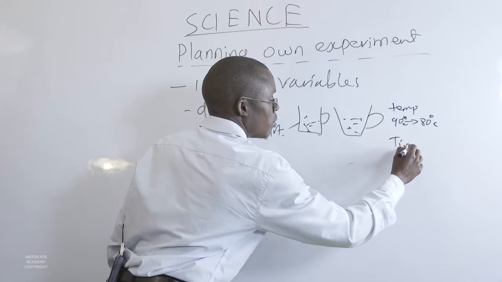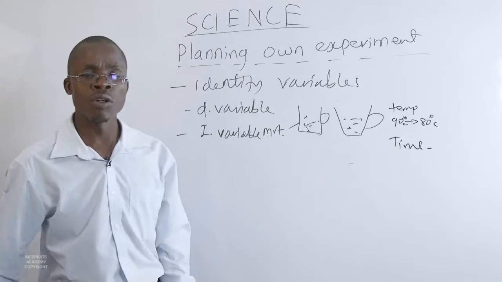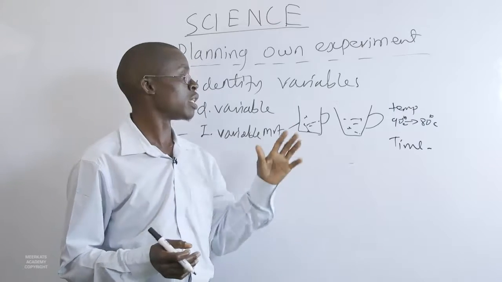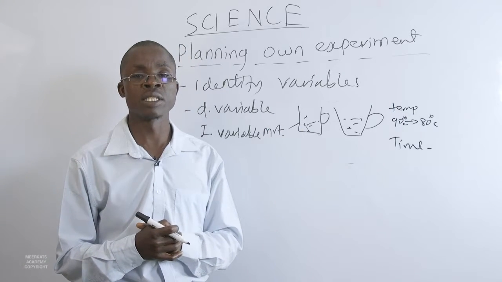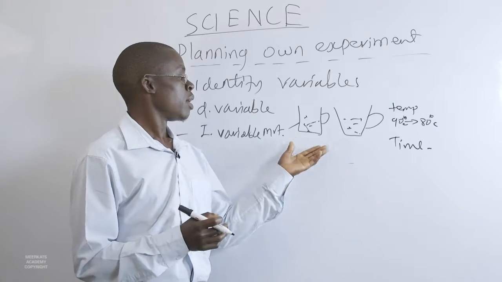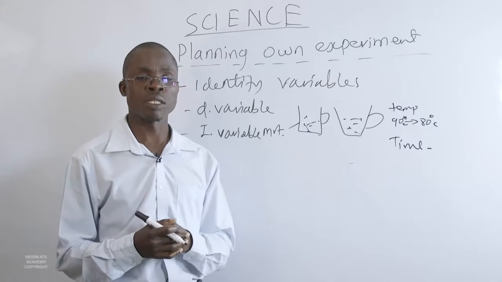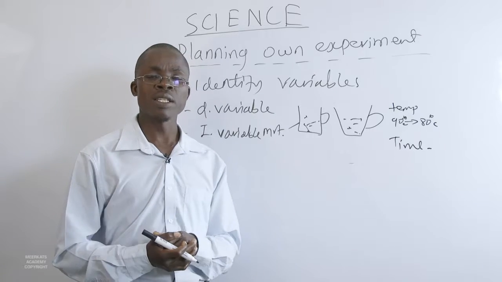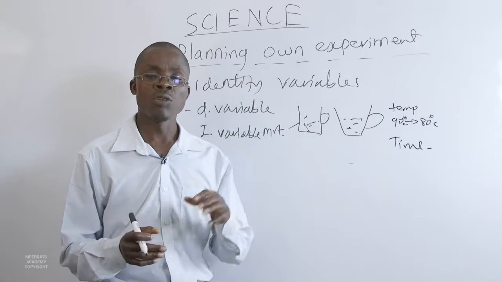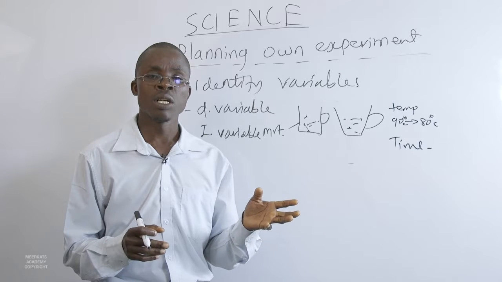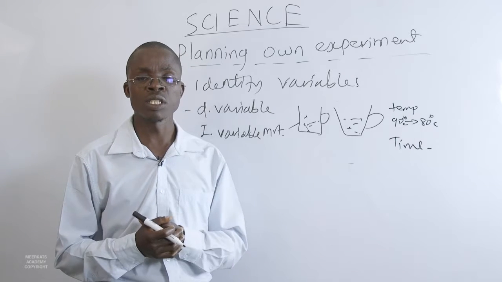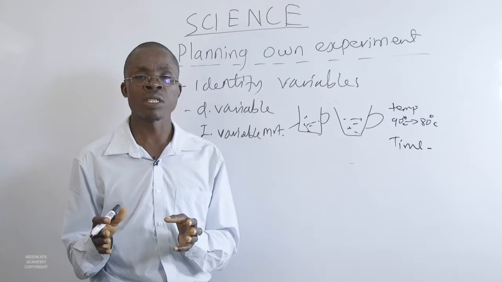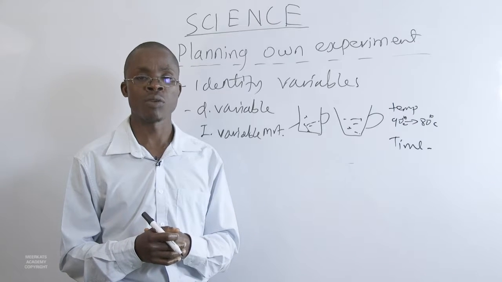Looking at time. You are checking on how long this beverage will take to cool from 90 to 80 degrees centigrade by varying some of the aspects. But look at the time. Whether you vary, you don't vary, you add in anything like those sugar crystals or you don't, you change the beverage, you don't change the beverage, time will always move.